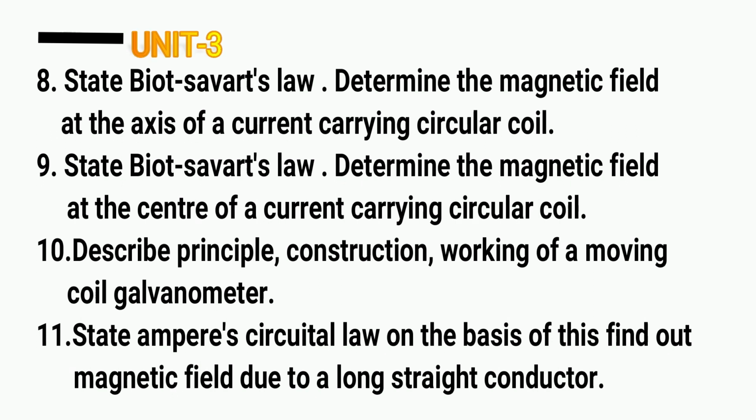Then, on the basis of Biot-Savart's law, determine the magnetic field at a point on the axis of a current carrying circular wire, or at the center of the current carrying circular coil. And this is also a very important question: describe the principle, construction and working of a moving coil galvanometer.